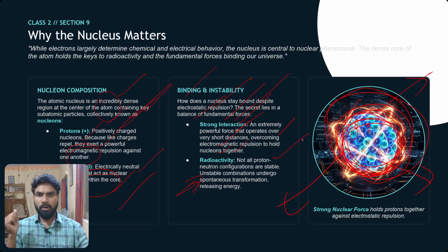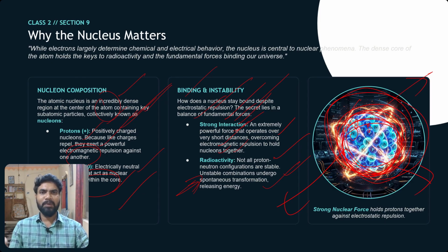So not all proton-neutron configurations are stable; some of them are unstable. Those are called radioactive atoms or radioactive materials, like uranium, plutonium, thorium, etc. Some unstable combinations undergo spontaneous transformation, and in that process a lot of energy is released.